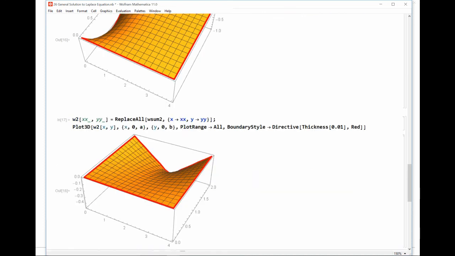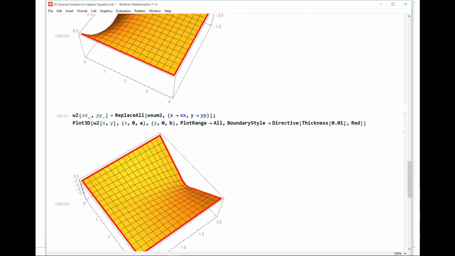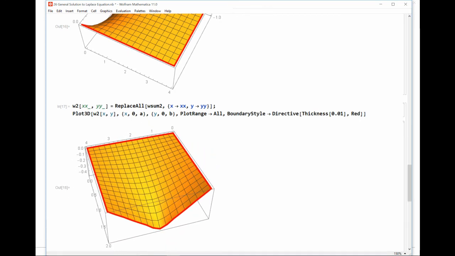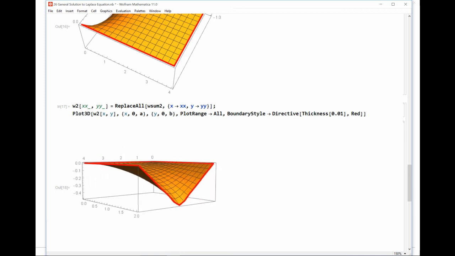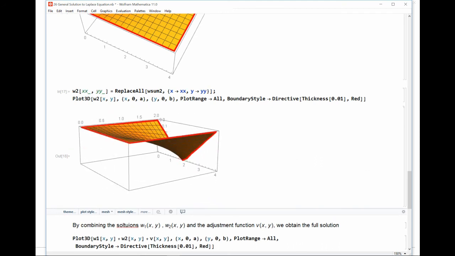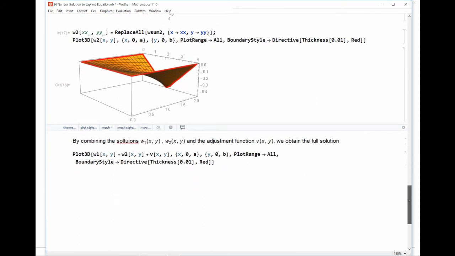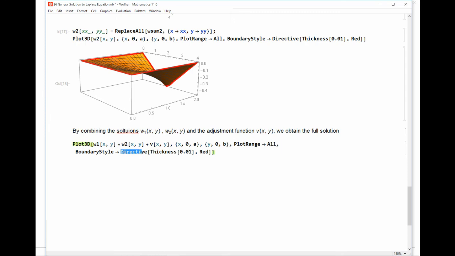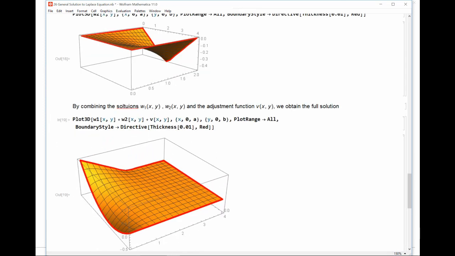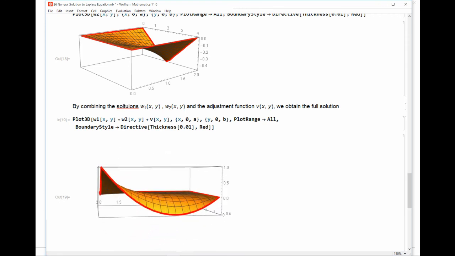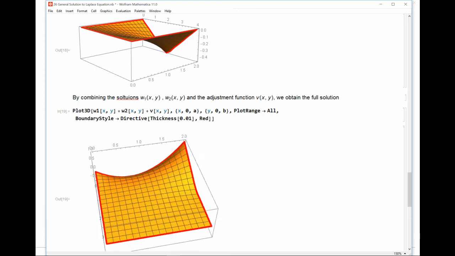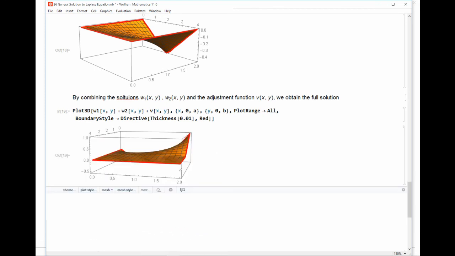And then if I shift my piecewise defined function so that its initial corner also is at 0, then this is what I get in my solution. I get both corners now at 0. But if I add w1, w2, and v, then I will unshift things back to where they should be, and I can see that I get the solution that I expected to get.